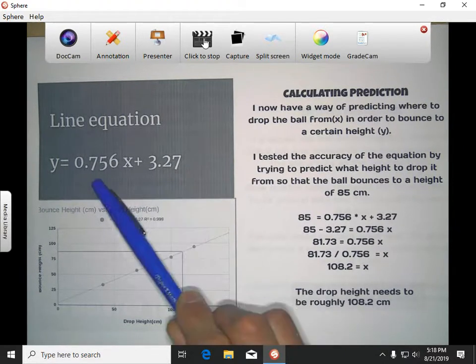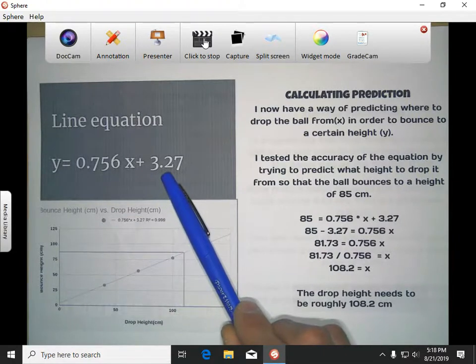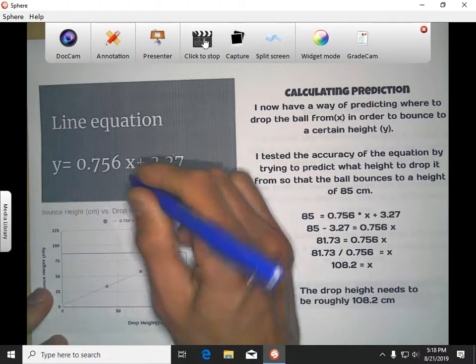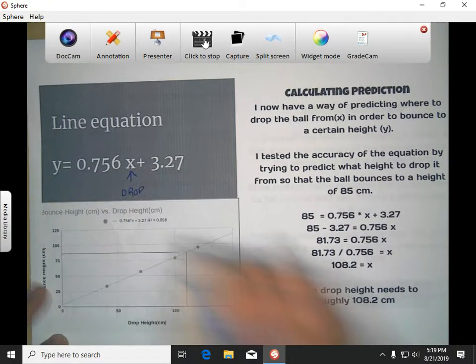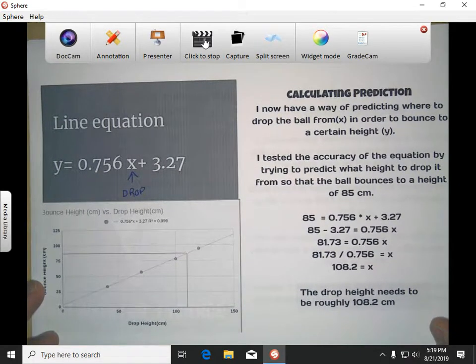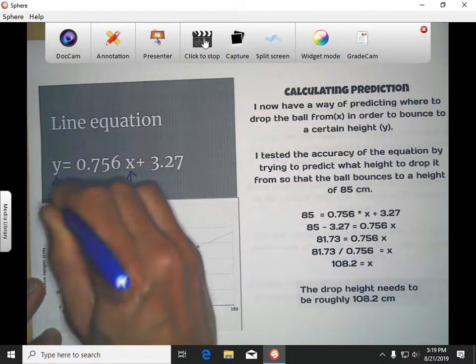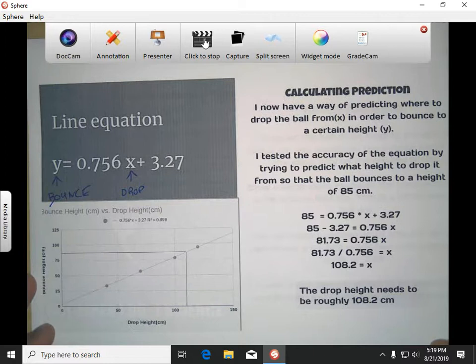The slope is 0.756. The y-intercept is 3.27. I want to remind you that x was the drop height, that's my independent variable. And y was my bounce height. That was my dependent variable.